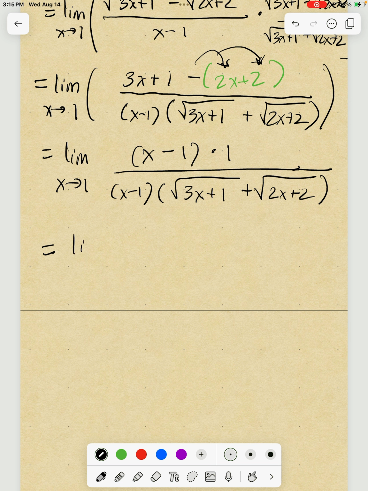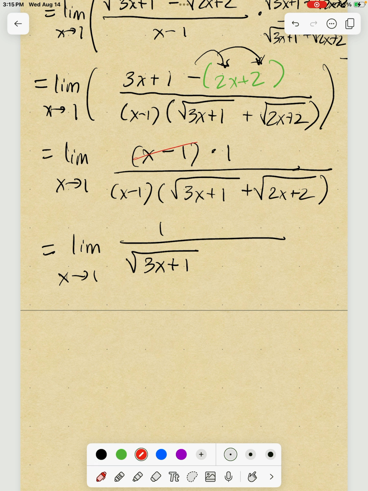And so you're left with the limit as x goes to 1 of 1 over root 3x plus 1 plus root 2x plus 2. And now, when you plug in 1, you see the 0 over 0 issue went away, because it was the x minus 1 on the top and bottom that's causing the 0 to show up on the top and bottom.